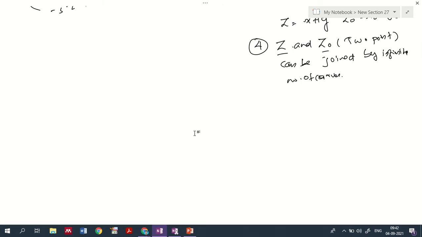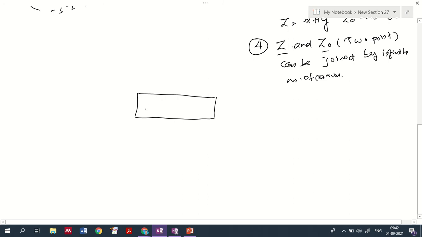So I'll have a function, limit z tends to 0, f of z is a function. In that case, the limit is z tends to 0. So what it means is that the z0 value will be what? z0 equal to 0 in this case, right?